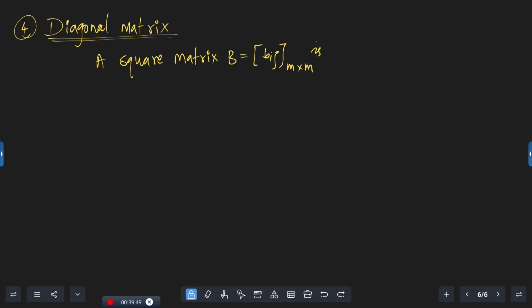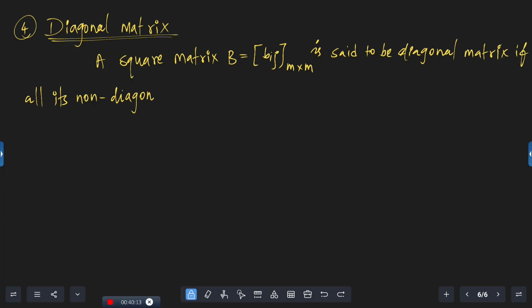Is said to be a diagonal matrix if all its non-diagonal elements are 0.